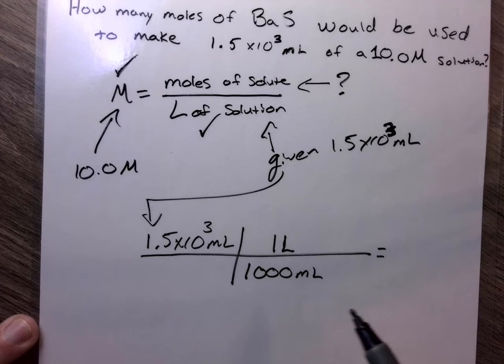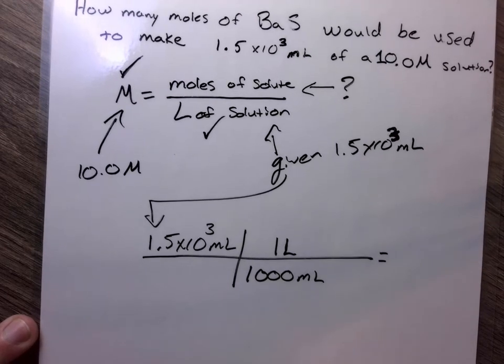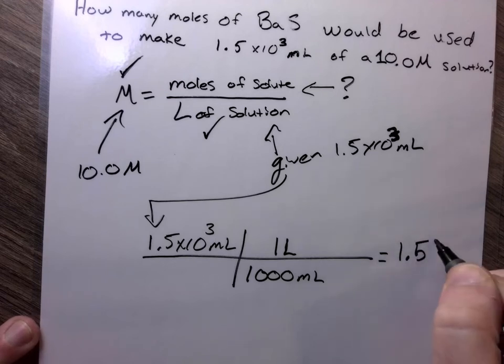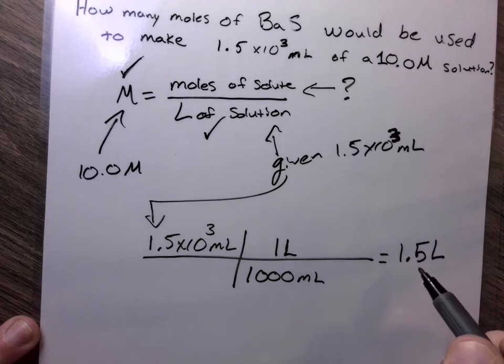So that means I'm going to take 1.5 times 10 to the third, or 1,500, and divide that by 1,000. 1,500 divided by 1,000 gives me 1.5. So 1.5 liters.